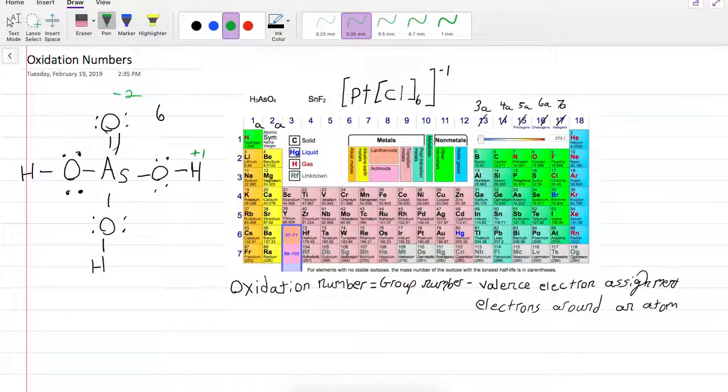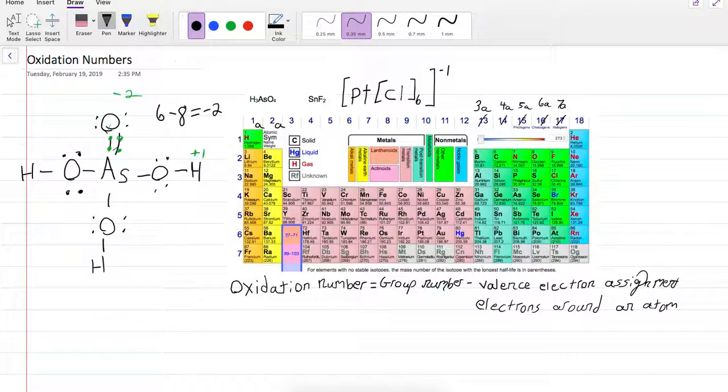And in each bond, there are 2 electrons. And here we have 2 bonds. And all of those electrons are going to go to oxygen because it is the most electronegative. So you're going to have 1, 2, 3, 4, 5, 6, 7, 8 electrons. So 6 minus 8 equals -2. And that's how we normally get a -2 oxidation number for oxygen.